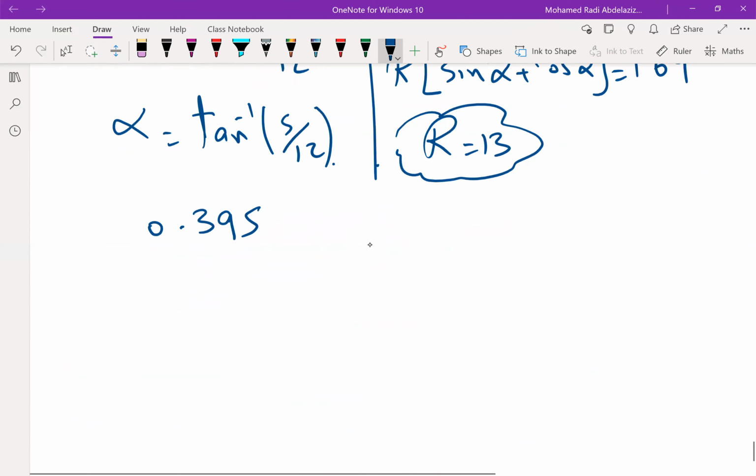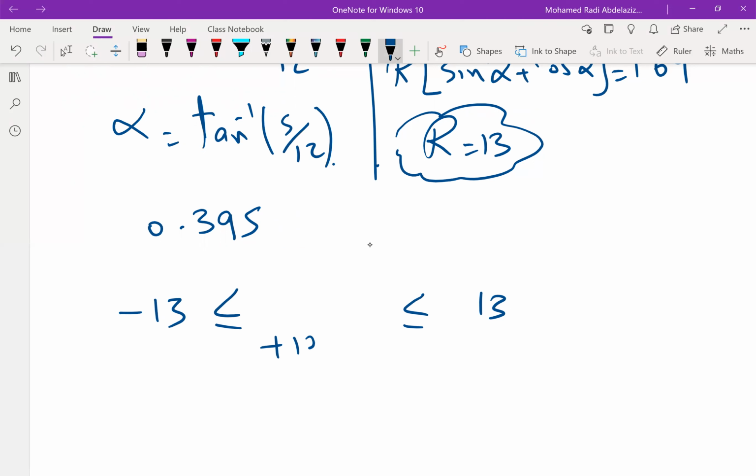The value of r is 13. So the expression is between -13 and 13 first. Then we add 10, so the range is between -3 and 23.